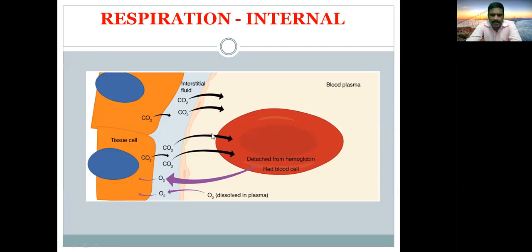Some of the carbon dioxide also enters into the RBC. So this process involves oxygen transport and carbon dioxide transport. These two topics are also in our syllabus, and we will discuss them in later classes. So this is what happens in internal respiration.